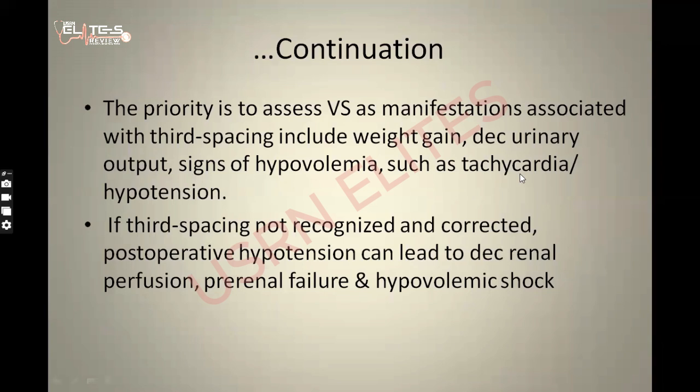So when this happens, the priority is to what? Remember, we have fluid moving from the intravascular space into the interstitium. Let's say you happen to get a question about these things, which of the following assessments will be your priority?